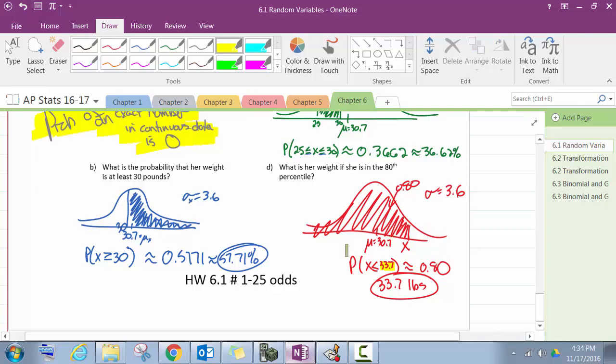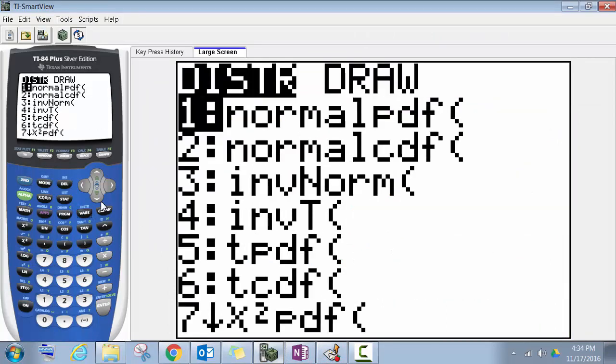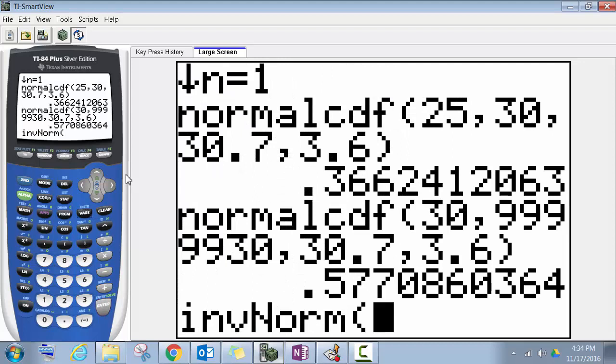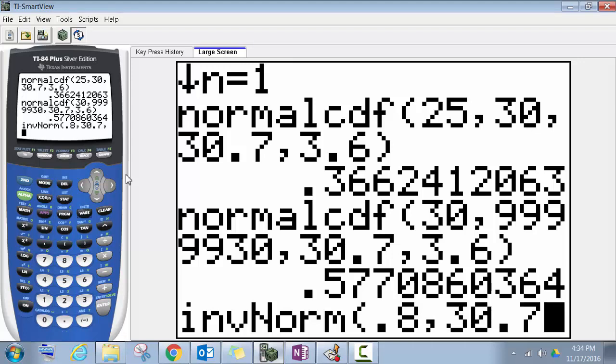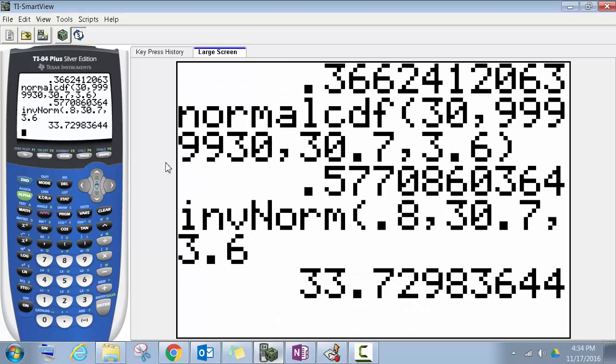And how do we go backwards? Well, we use the inverse normal. So second distribution, invNorm, 0.8 for our area, comma, our mean, comma, our standard deviation. So 33.73 pounds.